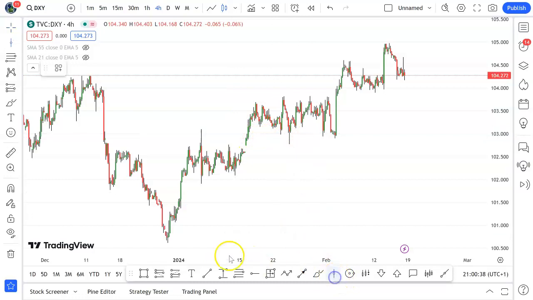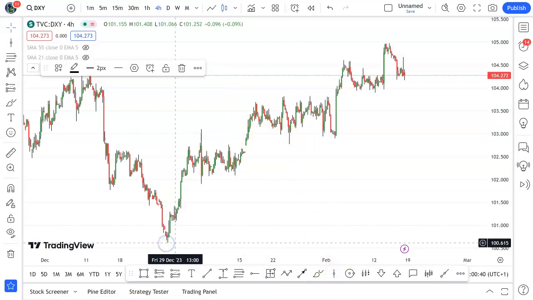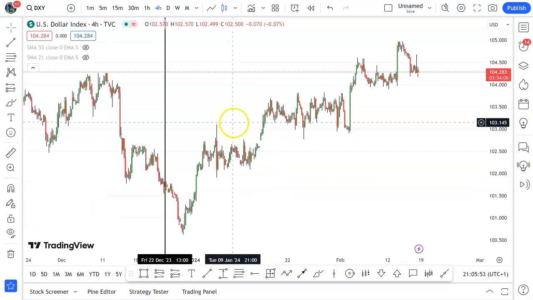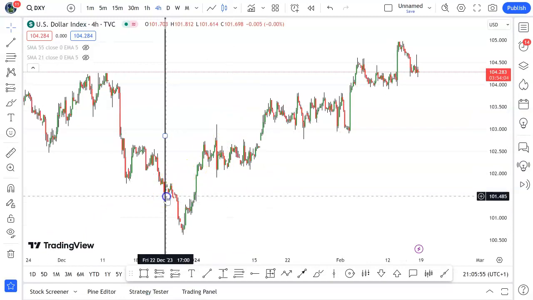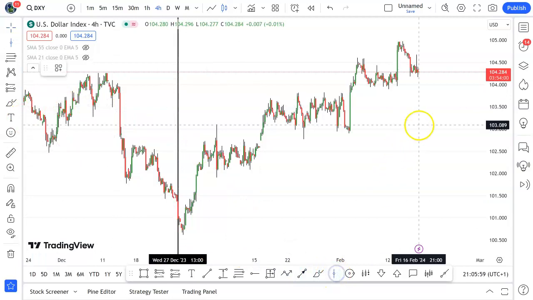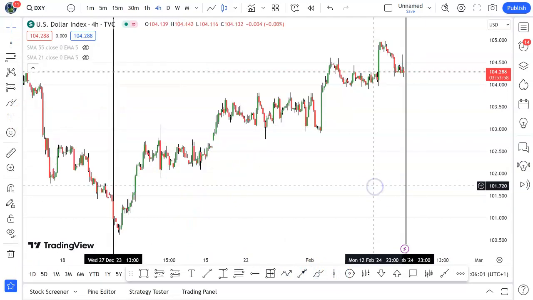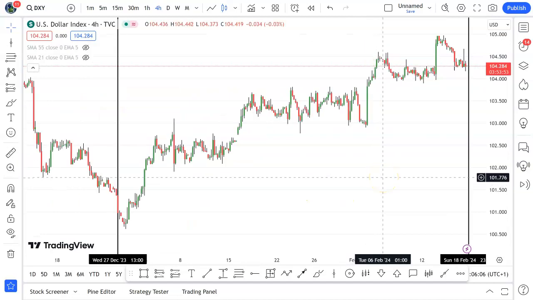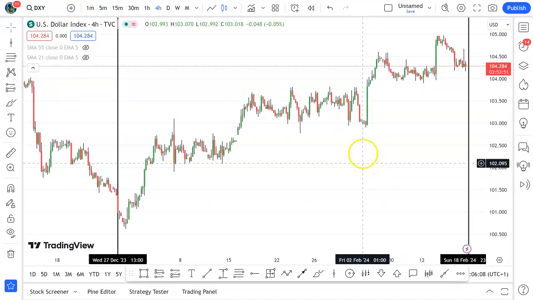Alright, so I want you guys to focus from this price point. So focus on this price point, guys, for DXY. Then up to this point, I'm going to use this to illustrate what I was teaching you guys.